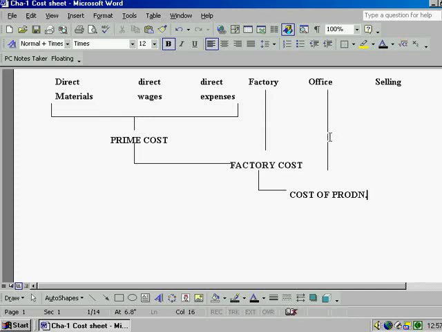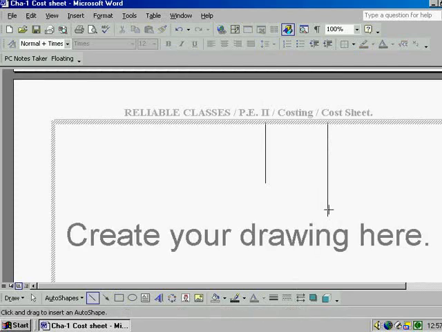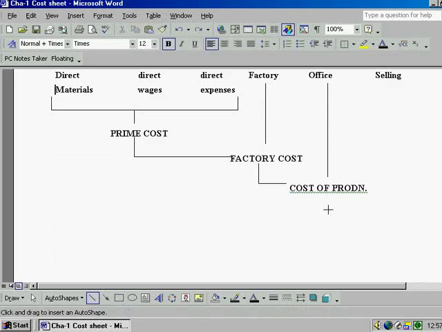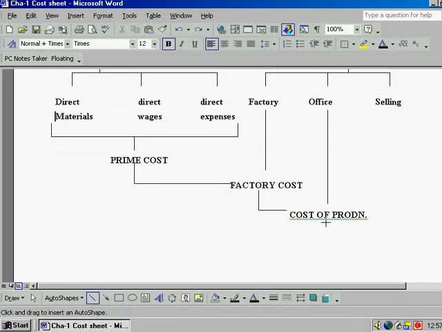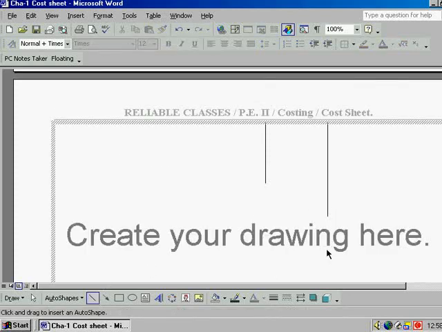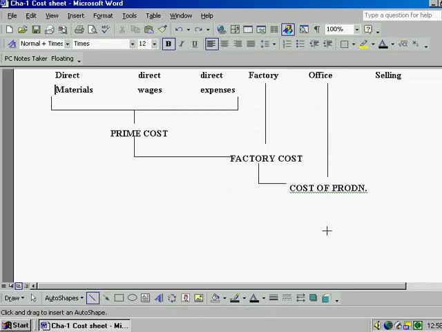And now finally, to cost of production, what will you add? There's only one cost left out now. Yes? Selling and distribution. So to this cost of production you will now add selling and distribution cost, and you will get the total cost.